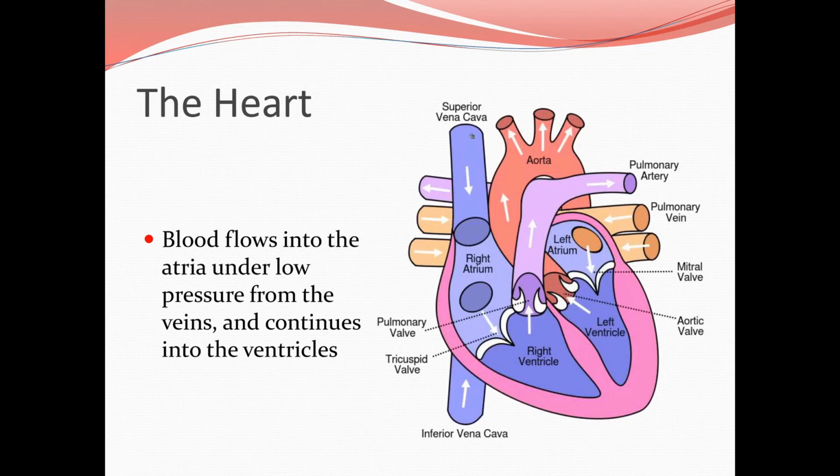When blood from the right ventricle goes to the lungs, blood is simultaneously leaving the left ventricle and going through the aorta to the rest of the body. So it's not that one chamber is working at a time; a lot of these things are happening at the same time.